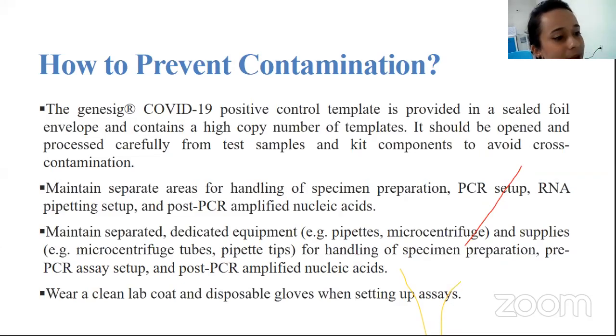Maintain separate dedicated equipment, including pipettes, microcentrifuges, and supplies that include the tubes and pipette tips for handling of the specimen preparation, pre-PCR assay setup, and post-PCR amplified nucleic acids. Always wear a clean lab coat and disposable gloves when setting up these assays.